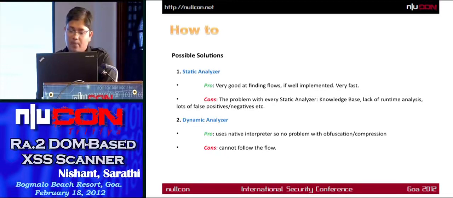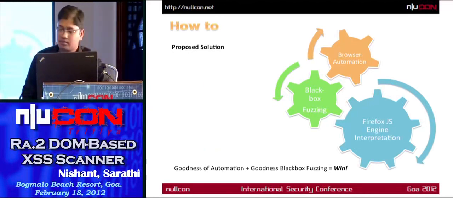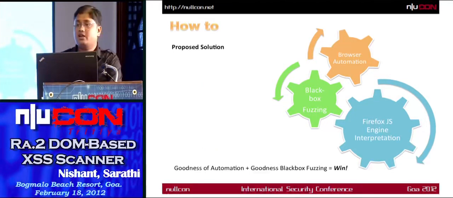With a dynamic analyzer, you use an interpreter, so no problem with obfuscation or compression, but you cannot control the flow. It's like a black box scanner. You know that the page is vulnerable, but where I need to make the patch, I don't think dynamic analysis tells you. So what if we can mix the two things? The idea behind our tool is that since it is a Firefox add-on, it uses the native Firefox JavaScript engine for JavaScript interpretation.